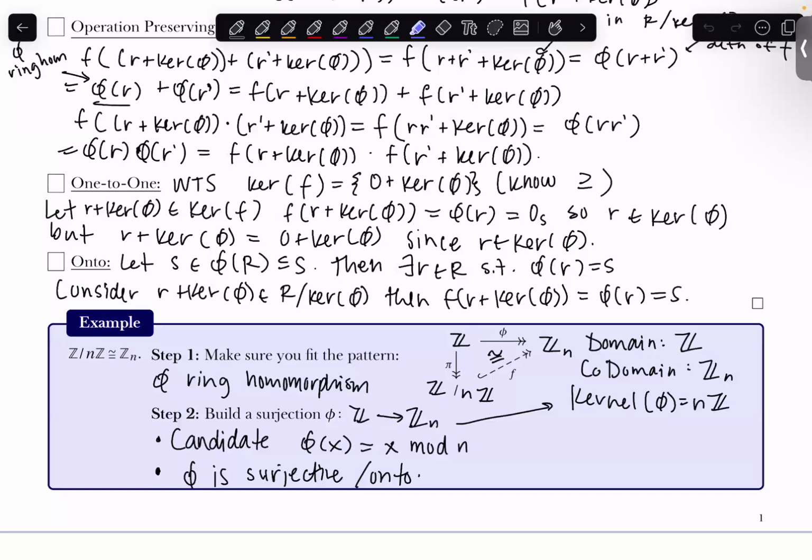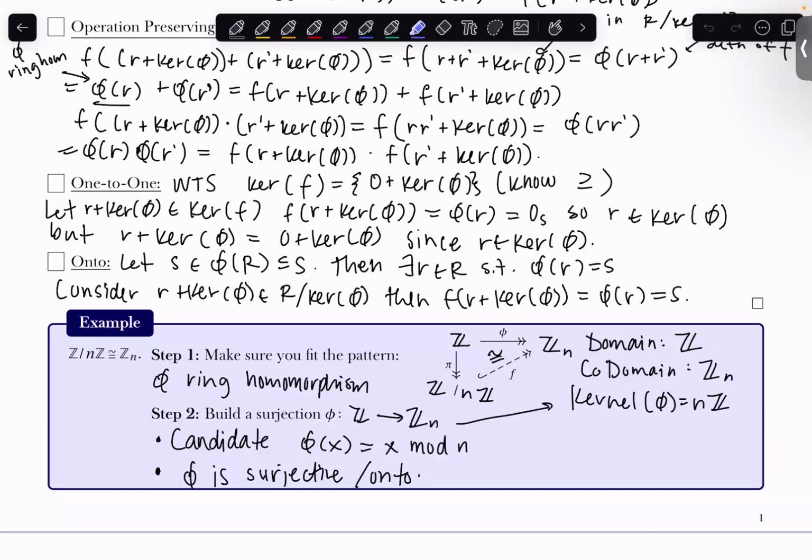This should be pretty natural to figure out, what pieces go where, but deciding what the ring homomorphism has to be. Most of the time, it's going to be something kind of natural. If we're working with polynomial rings into a simpler ring, usually we want to evaluate at a specific number. When we're working with integers and mod n, the natural thing is to take the integer and mod it by n to land in the correct place.